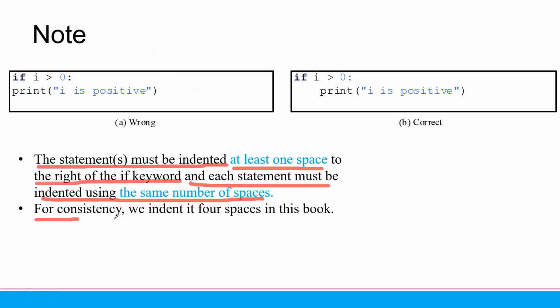So for consistency, the author recommends 4 spaces. Okay. So this one is correct. 1, 2, 3, 4. So there will be 4 spaces. If there is no space like this, it is wrong. Okay.